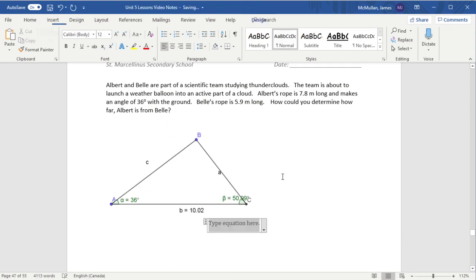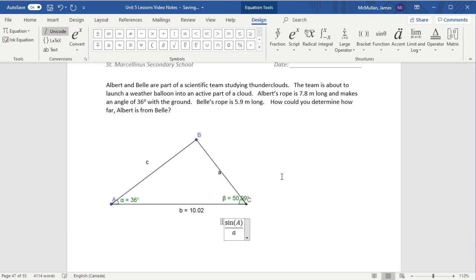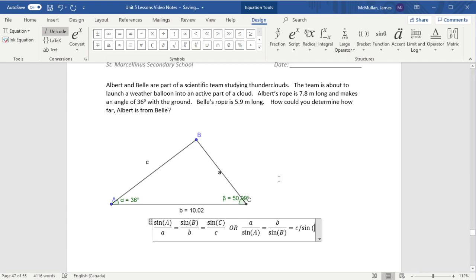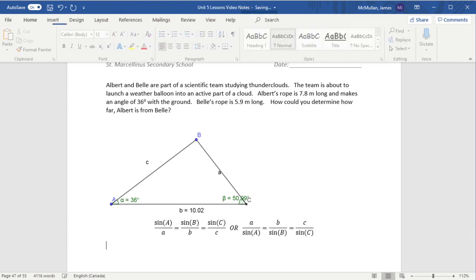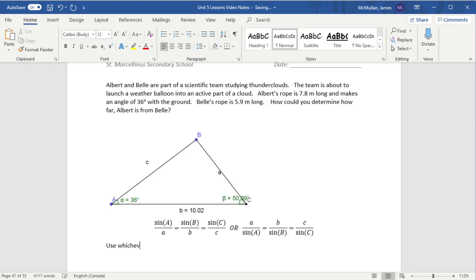The sine law says the following: sine A over a is sine B over b is sine C over c. Or alternatively, you can use all the reciprocals depending on what you need: a over sine A is b over sine B is c over sine C. In general, whatever you need to find, put it on the top.